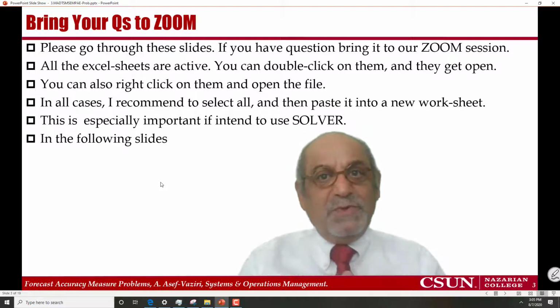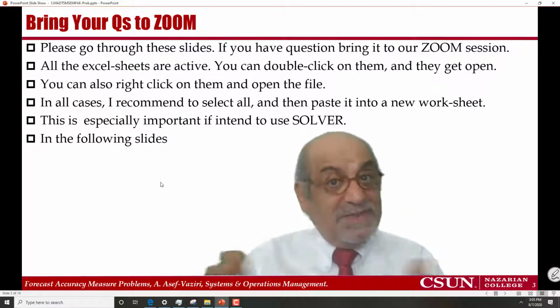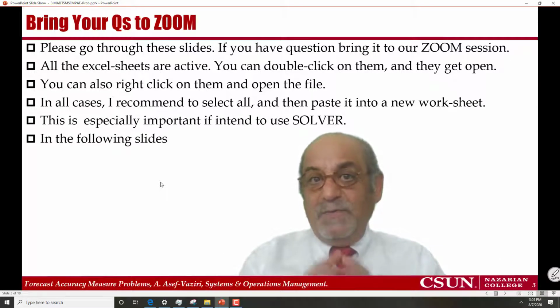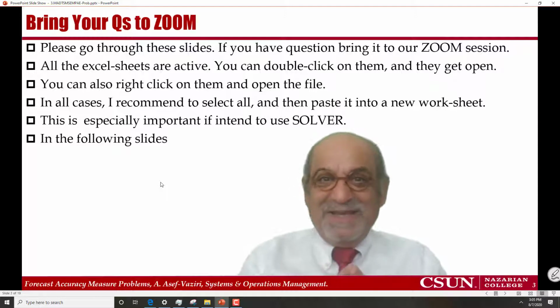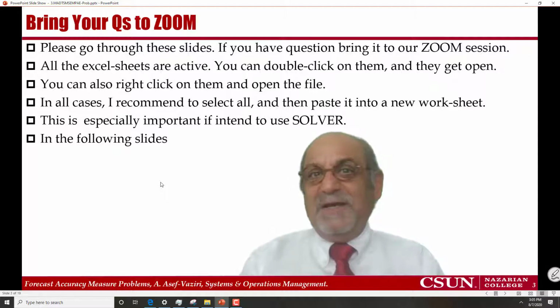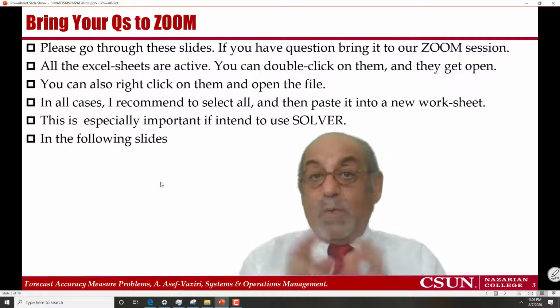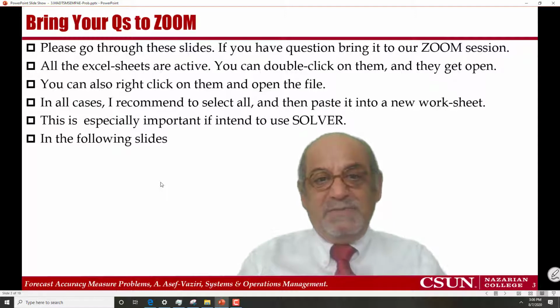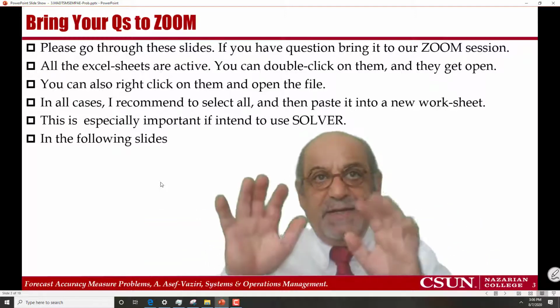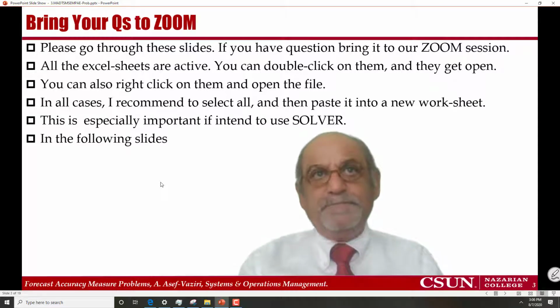After you do your computations, you need to close the Excel sheet and close the PowerPoint file without saving anything. Otherwise, if you have mixed things up a little bit, they will remain in your PowerPoint slides. One other recommendation, especially if you are going to use Solver: when you open the file, select the sheet, open a new Excel file, and paste it all over there.